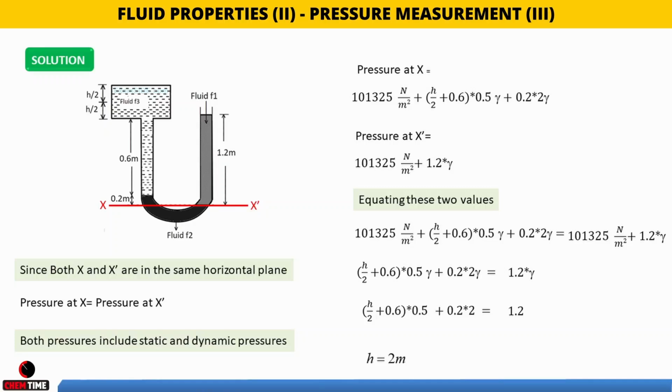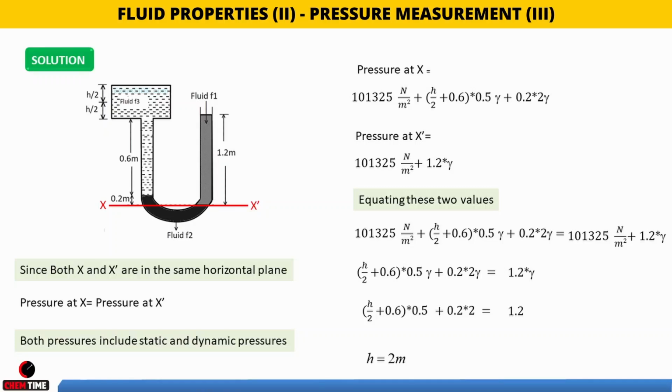The pressure at x is influenced by three things: one is the dynamic pressure because of the gauge pressure, one because of the height due to the liquid 1, and the other due to the second liquid, that is 0.2 meters. So the pressure at x is equal to 101,325 plus (h by 2 plus 0.6) into 0.5 gamma plus 0.2 gamma.